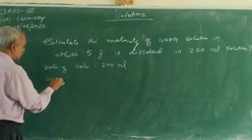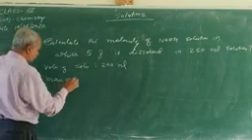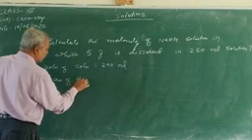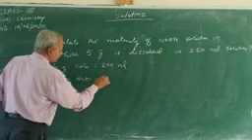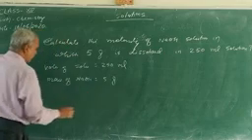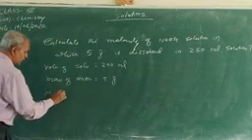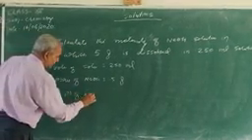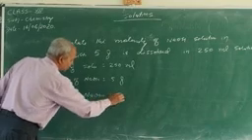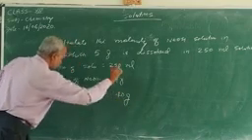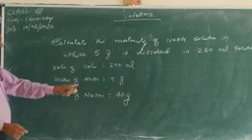The mass of solute, sodium hydroxide, is 5 gram. The molar mass of sodium hydroxide, which I have written just before, is 40 gram.